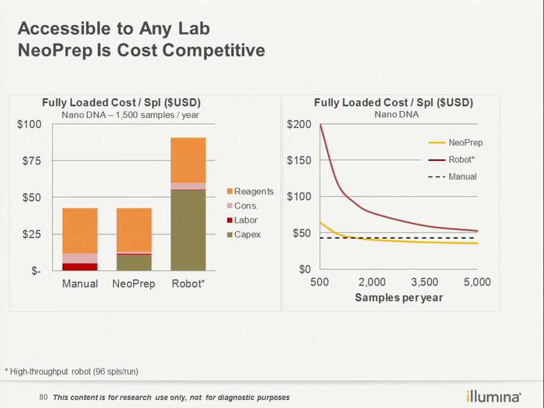If you have more and more samples, both for the robot and the NeoPrep, the average cost will decrease. But still, no matter how many samples you run per year, the NeoPrep cost is much lower than the robot. And when we cross this line, it may be cheaper than the manual way.